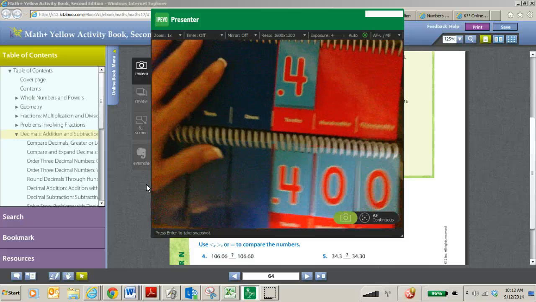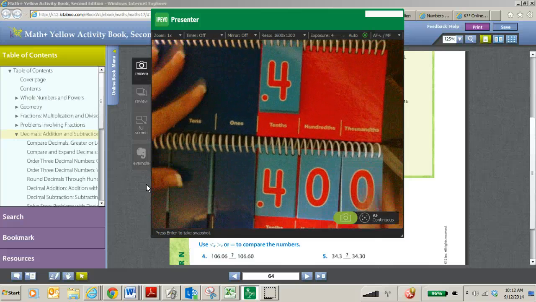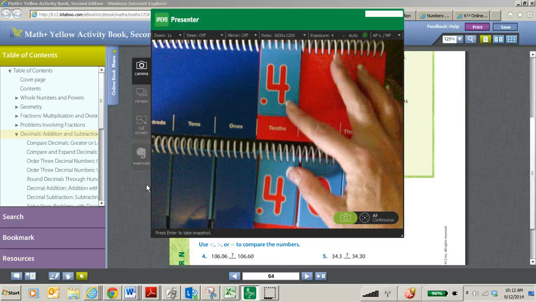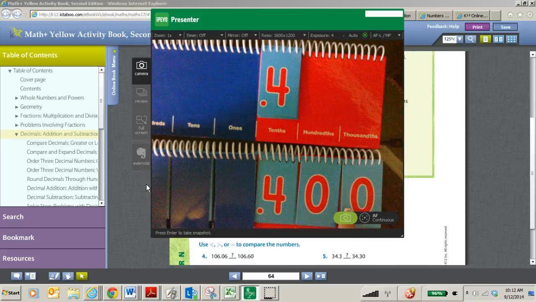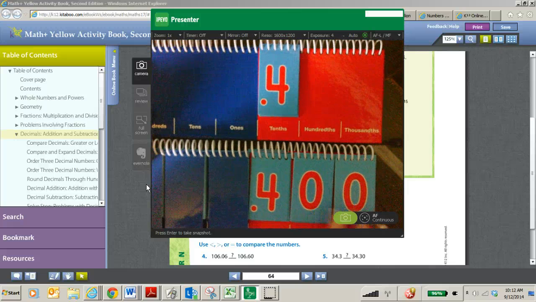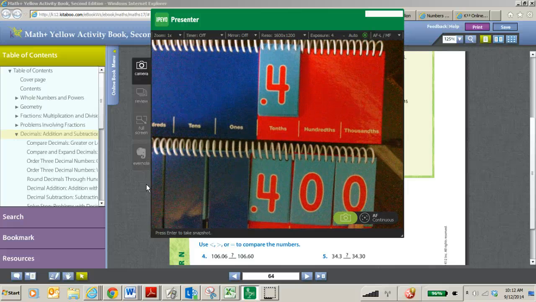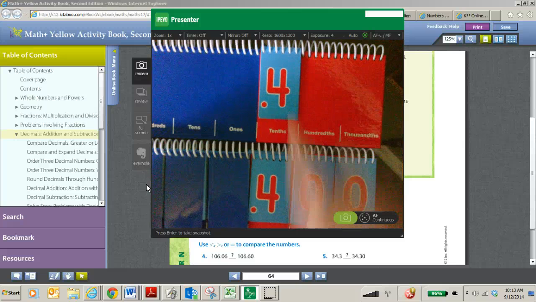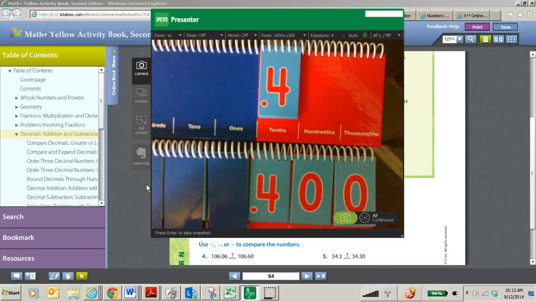And also what I wanted to point out is that especially when you're comparing numbers, things can be the same. Even though it's longer, these zeros represent that we have no hundredths and no thousandths. So actually, even though this is 4/10 and this is 400 thousandths, they are the same amount.